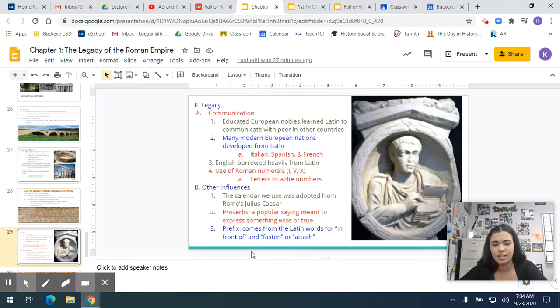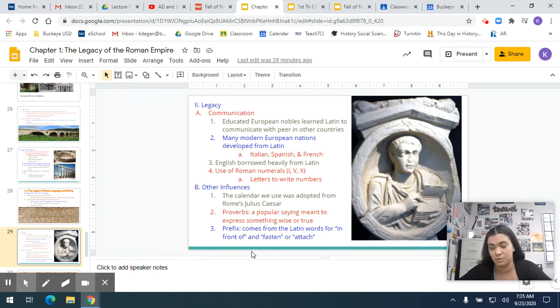But some other influences from this time would have been the calendar we use, which was adopted from Julius Caesar's calendar, so the Julian calendar, very similar. Even July is similar to Julius, August, Augustus, right? We see these parallels. A proverb was a popular saying meant to express something wise or true.